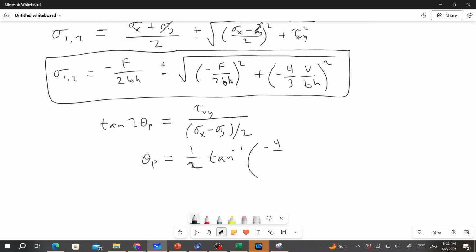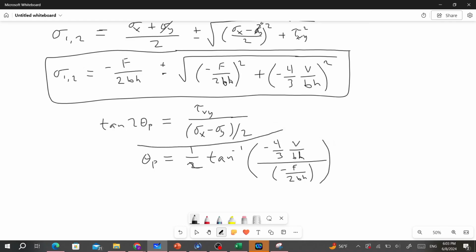Tau xy is negative, so it's negative 4/3 V over BH. Sigma y is 0, but sigma x is also negative, so that's negative F over 2BH, since we divide sigma x by 2.